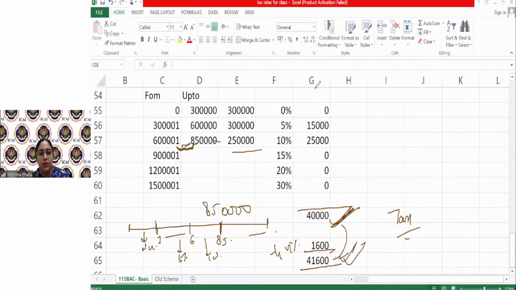Mohammed Sahil, your question would also be answered. You have to make a choice whether you have to follow the new scheme or the old scheme.